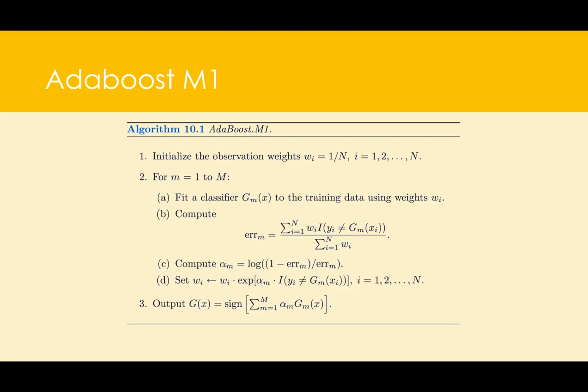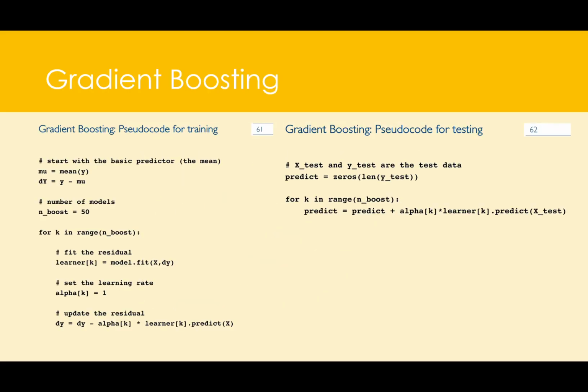I think the clearest pseudo-algorithm on the slides is the one about AdaBoost M1, so I personally studied this version. Then we have gradient boosting. We have to distinguish between train and test, because usually the exam request distinguishes between the train method and the predict method. So you have to study both of them.